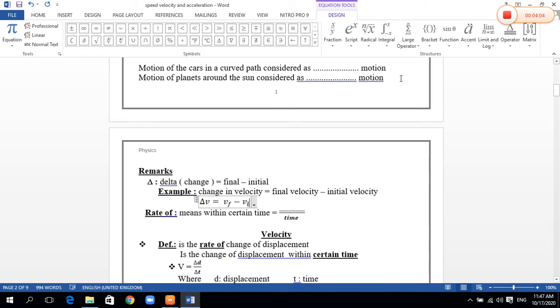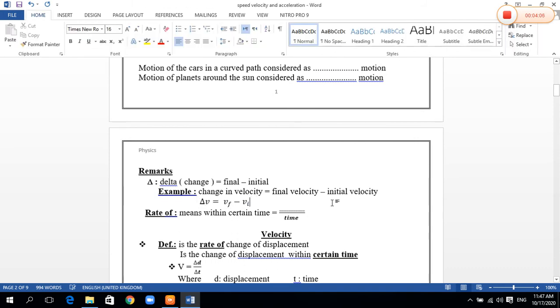Okay, that's it. So this was the first remark, that the word delta means the change, means the subtraction, means the increase or the difference. Change in velocity means final velocity minus initial velocity, and is represented by an equation like this.